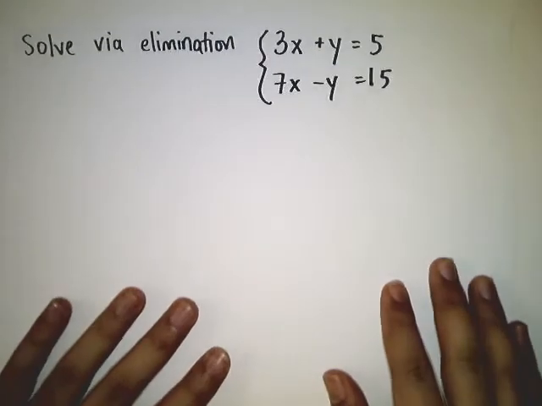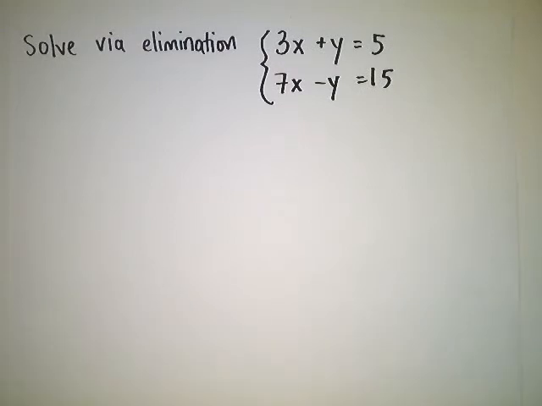Okay, so let's go back to that first problem we looked at. 3x plus y equals 5, 7x minus y equals 15. Our second step was to add the revised equations, so we have to add these two equations up.